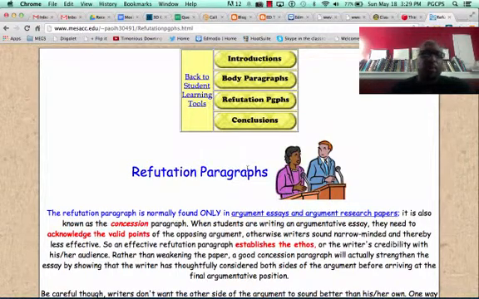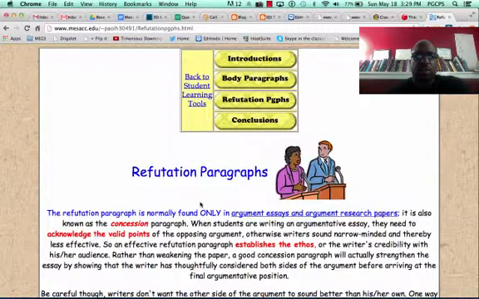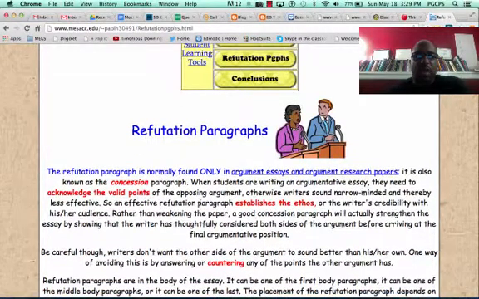Okay, so in the refuting opposing viewpoints section, essentially what you're going to be doing is acknowledging that the opposing viewpoints have some valid points.